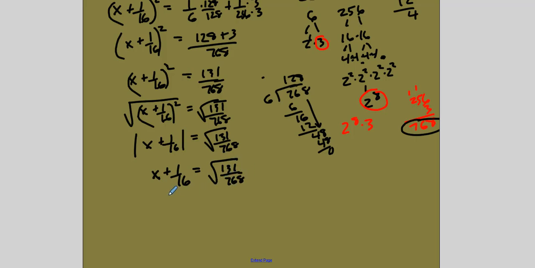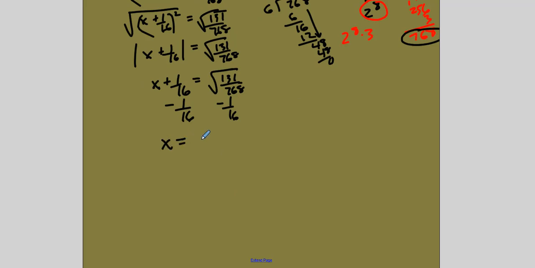Okay, so now I isolate x, I subtract 1/16 from both sides, and I get x equals negative 1/16 plus or minus the square root of 131 over 768. Okay, well, we can do something with this square root of 131 over 768.